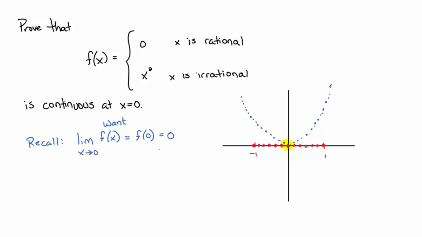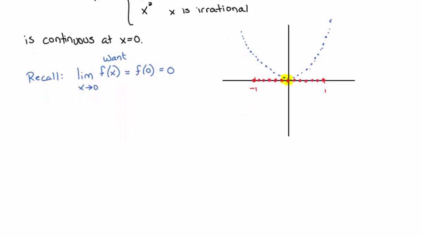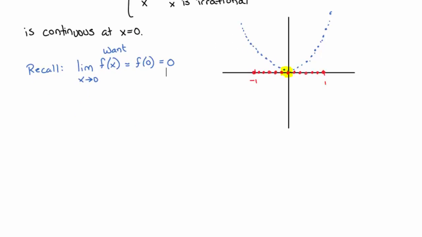So let's go ahead and start the proof here. This is going to be an epsilon delta proof. And let's go ahead and remind ourselves of the epsilon delta proof.